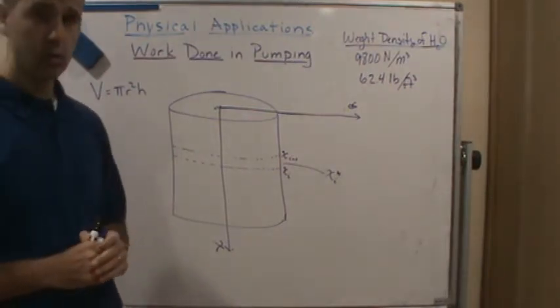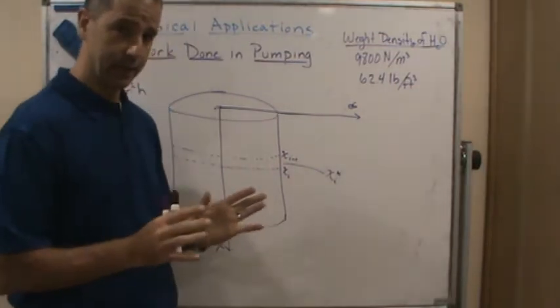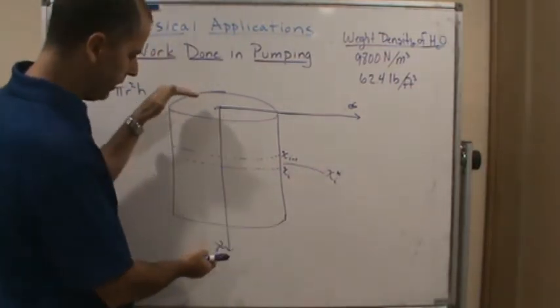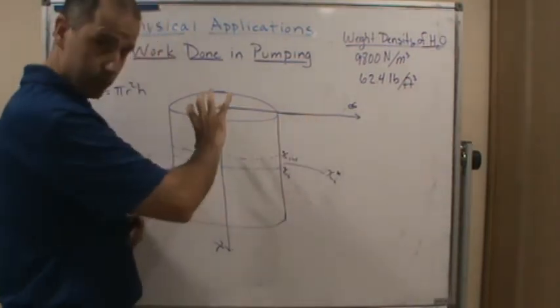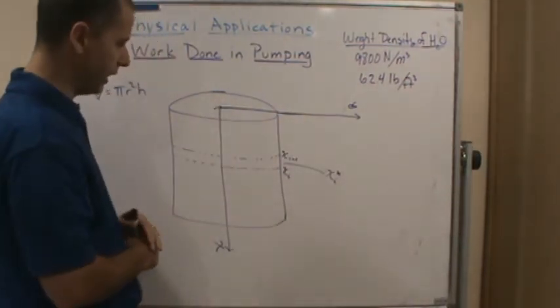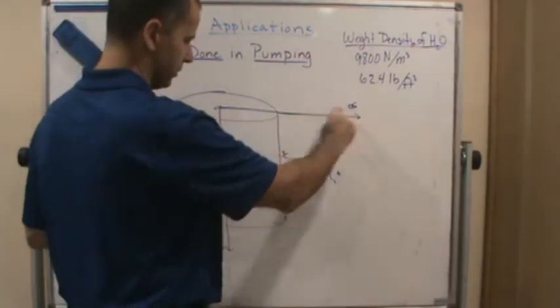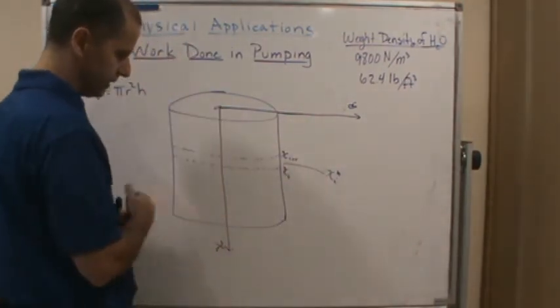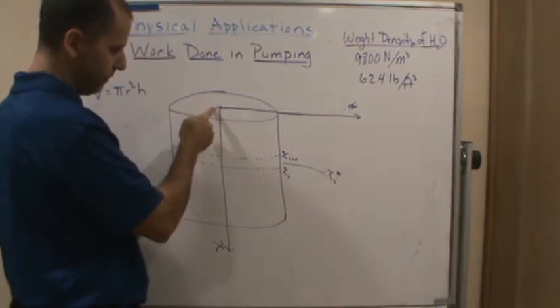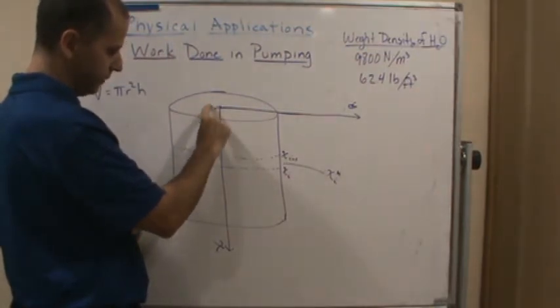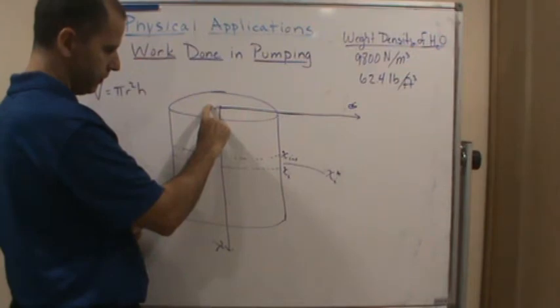Now, the other thing is the way we're going to orient the tank. In this case, I'm orienting the tank so that the axes are rotated 90 degrees clockwise, so that the y-axis goes this way and the x-axis goes down. That way, we're measuring the amount of space, right?